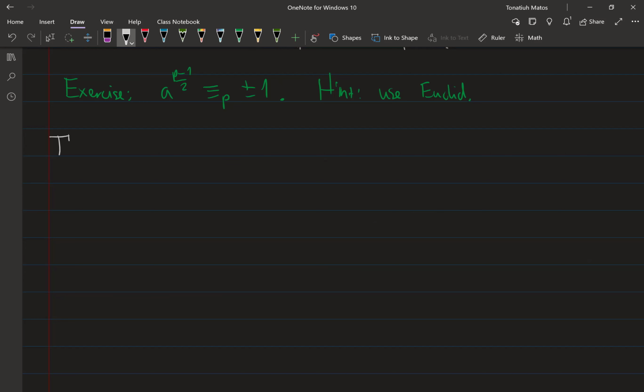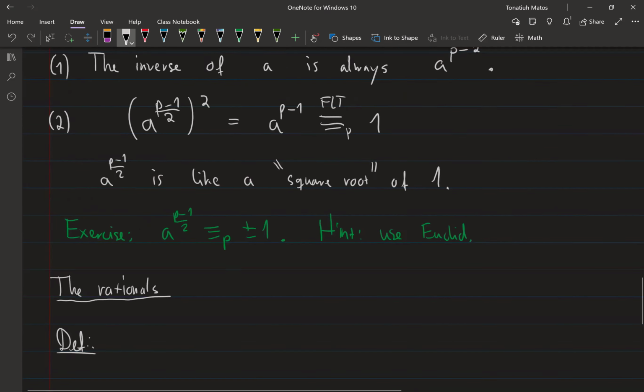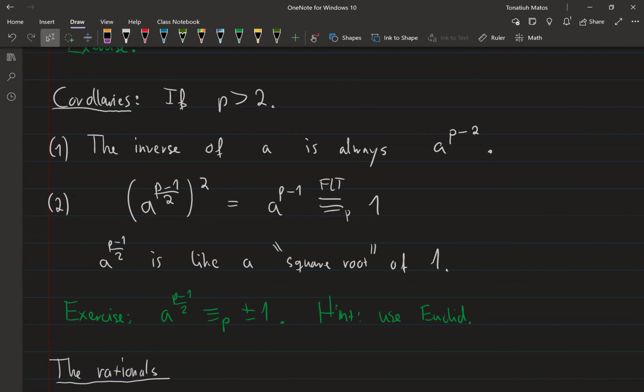So let me just introduce the rationals to you. And it's the same idea as I did for the integers, right? So the motivation for the rationals is, of course, I want a field, but I don't want a field that is obtained by cutting the integers into smaller things like Z_p, which is useful in its own sense.